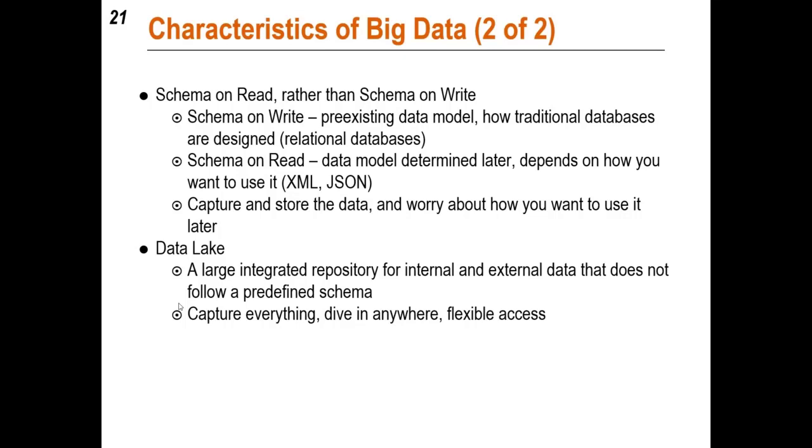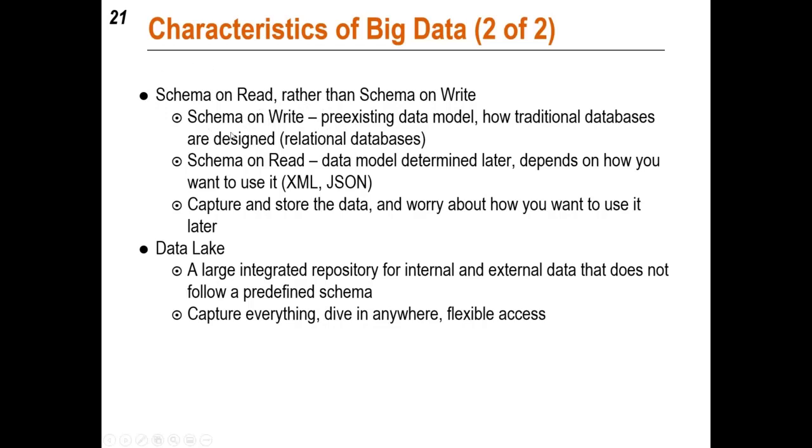So when you design big data technologies, the schema has to be schema on read rather than schema on write. Schema on write means we create a pre-existing data model. For example, when you design your ERDs or create the tables, we first design the ERDs. We define the structure: how are we going to handle the particular context in our database?